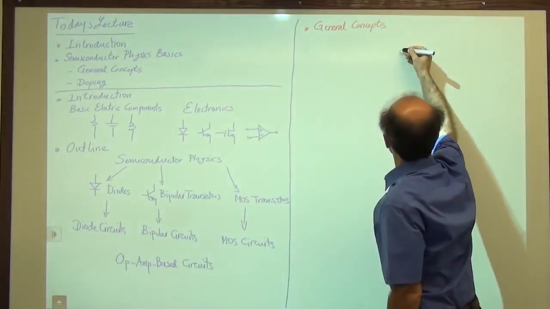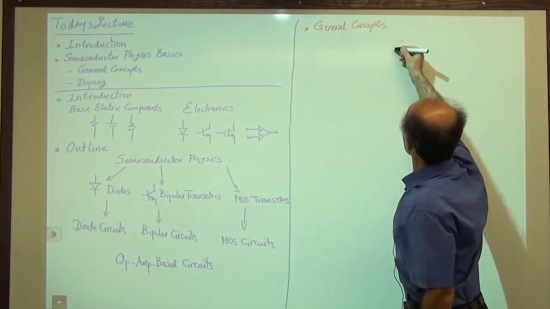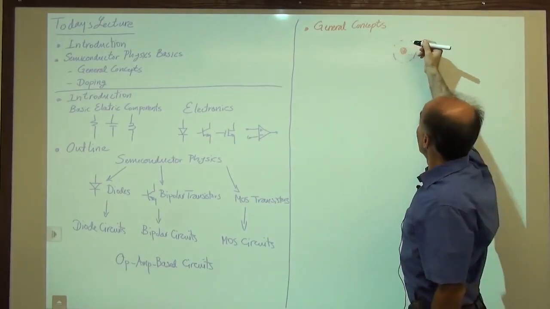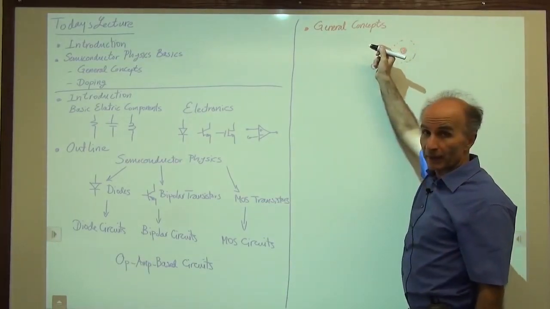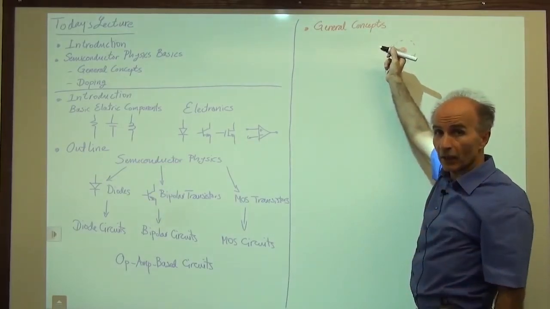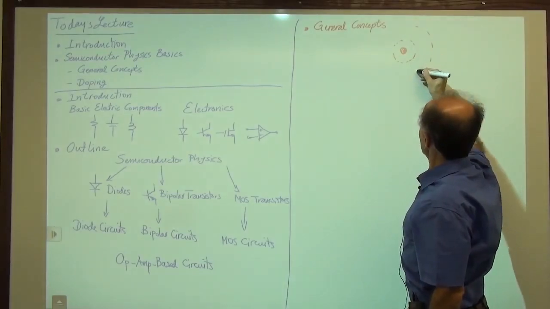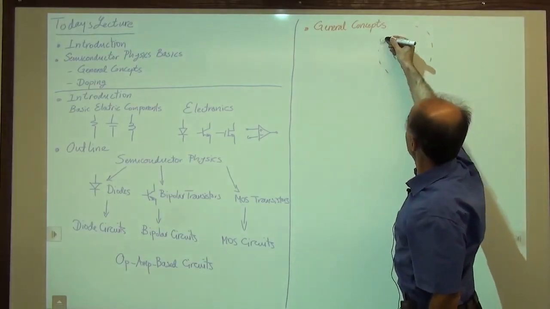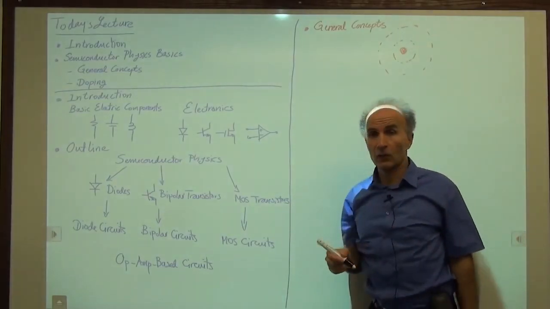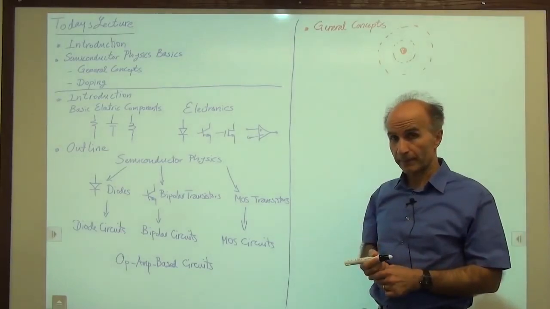And of interest to us, this is the nucleus, and there are electrons in these various shells, or as we call them, orbitals. And of interest to us are the electrons in the last outer shell of the atom. So we have some electrons in the last shell, or in the last orbital, and these electrons play an interesting role in how these atoms interact with other atoms.